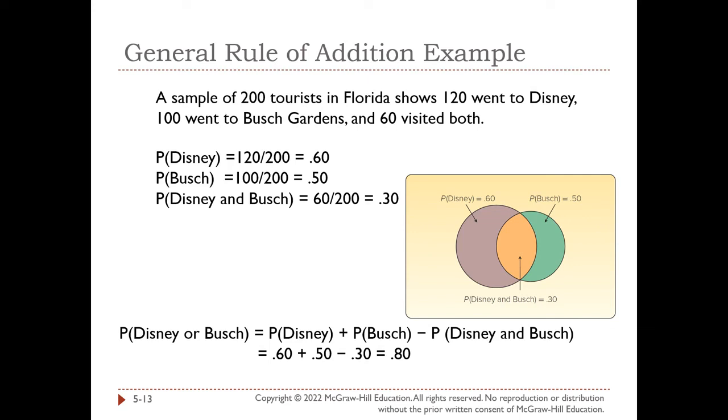Now, notice on this, the sample of 200 tourists in Florida shows 120 plus 100, that's 220, and 60 visit both. I have questions about this sample size.